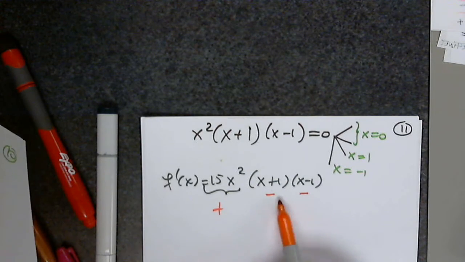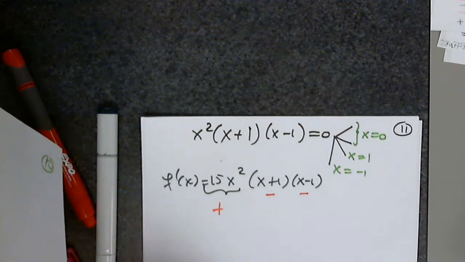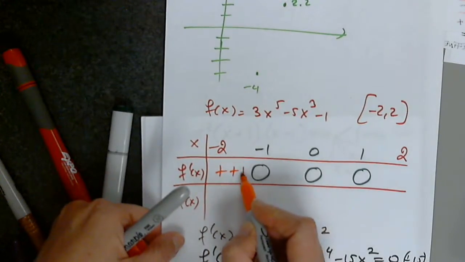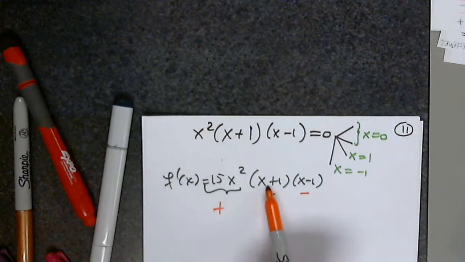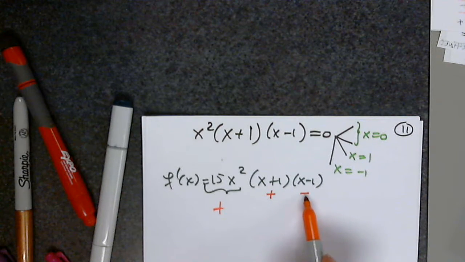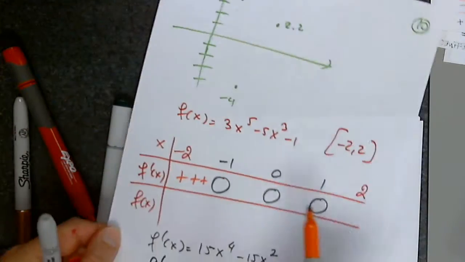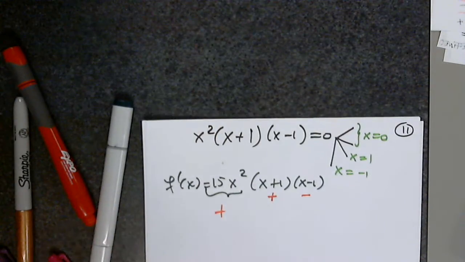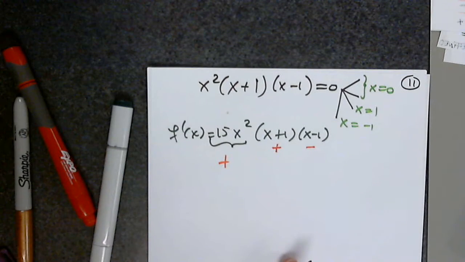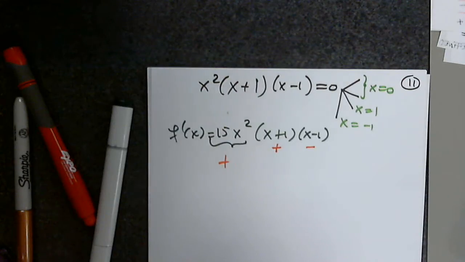When I multiply 2 negatives. Very good. I'm going to plug in -0.5. -0.5 plus 1 is positive, but -0.5 minus 1 is negative. So what will be the sign of the derivative between -1 and 0? Is it negative?